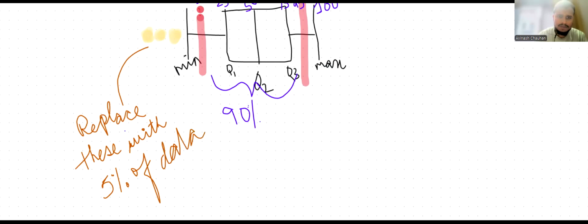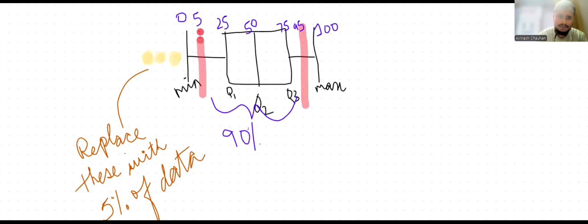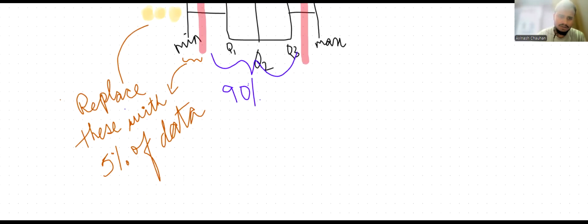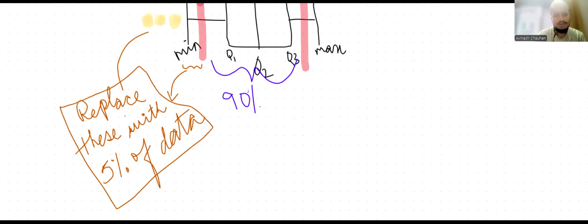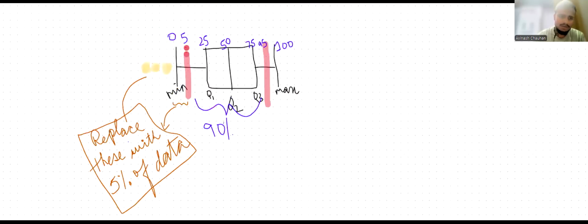And what is that 5%? You can see from 0 to 5, from here. These data I will replace it with. If my outliers are here, I will replace them with my 5% of data.